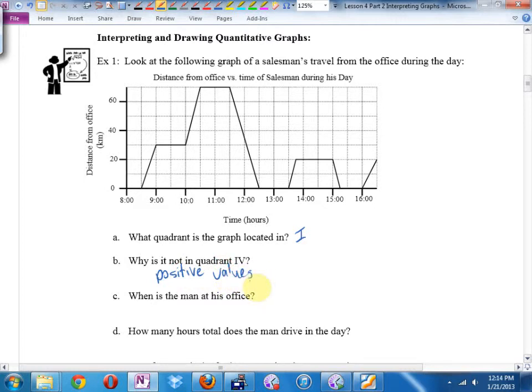All right. When is this person at his office? How are you figuring that out? What on this graph tells you that the person is in their office? The x-axis. What about the x-axis? You're right, but I don't think I'm looking for math words.